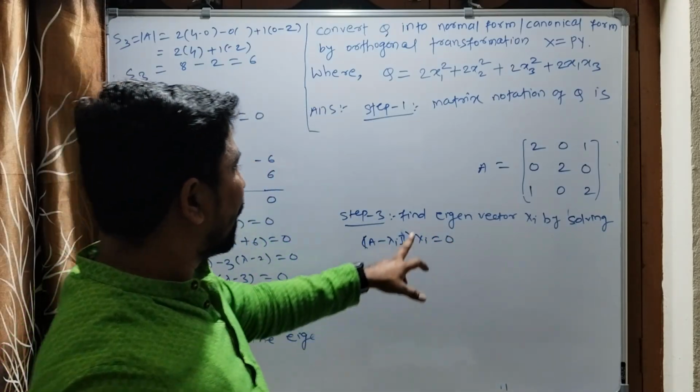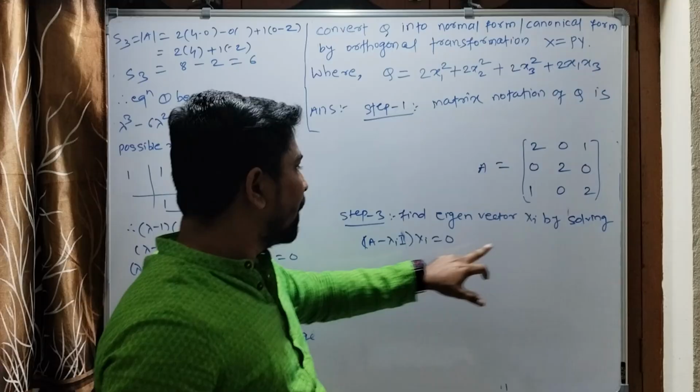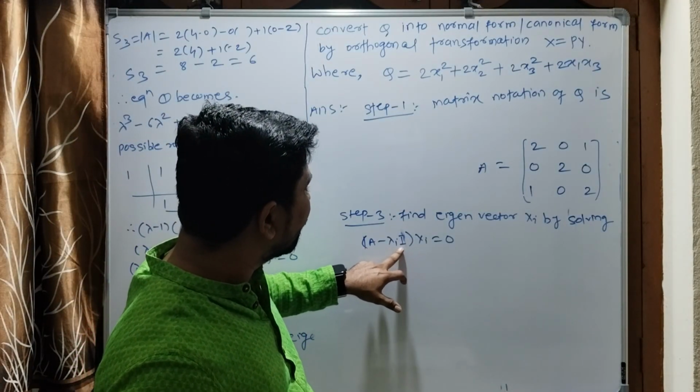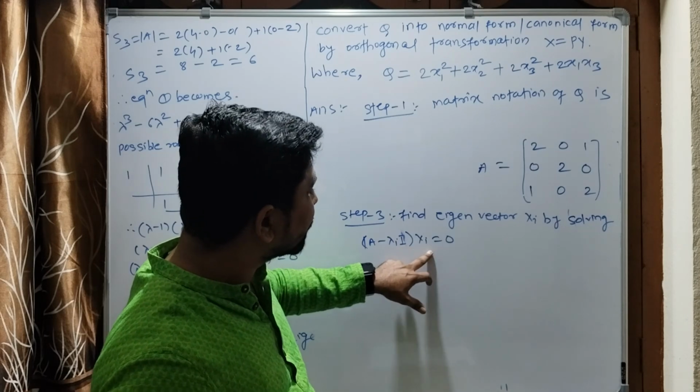So here I want to find the eigenvector xi by solving this equation, A minus lambda I into xi equal to 0.